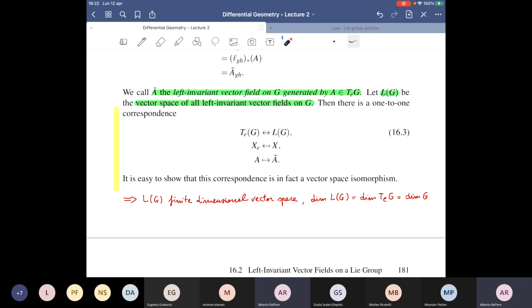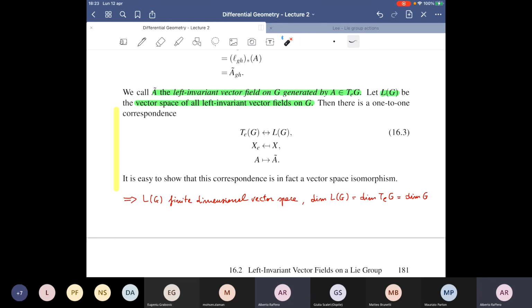So this means, in particular, that the vector space of left invariant vector fields on a Lie group, which is a subspace of the space of all vector fields on a Lie group, which is a smooth manifold, so you can consider tangent vectors also from that point of view, is finite dimensional.